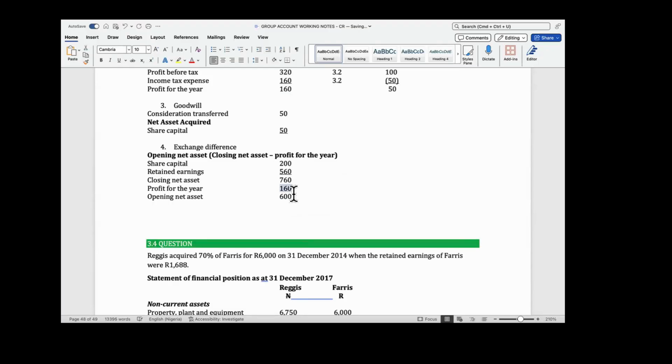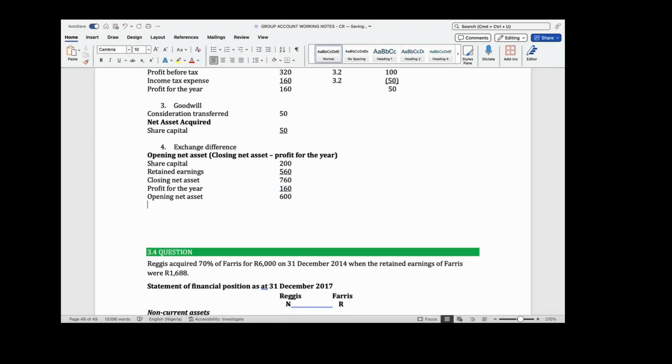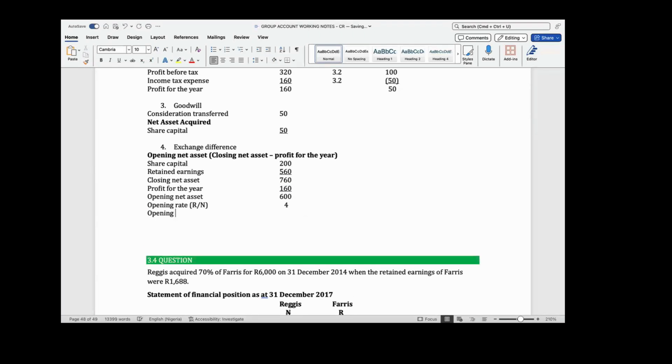You see that I'm doing it in rand. Why? Because I want to translate it at the opening rates, rand to naira. And the opening rate was 4 rand to 1 naira. So my opening net assets in naira was 150.